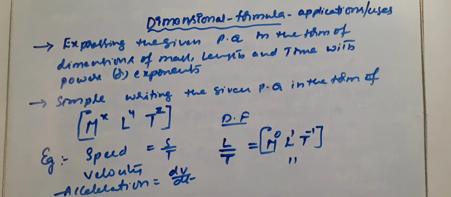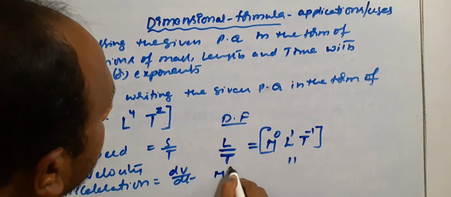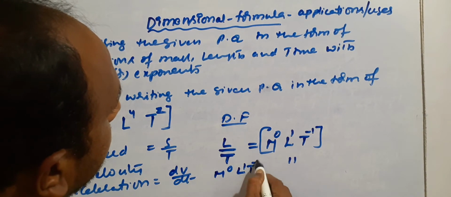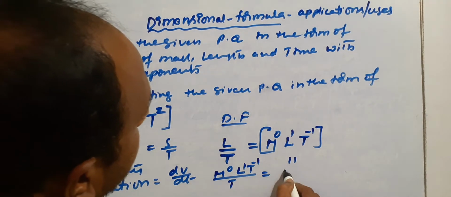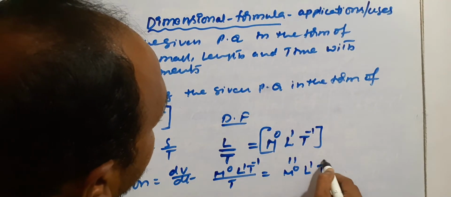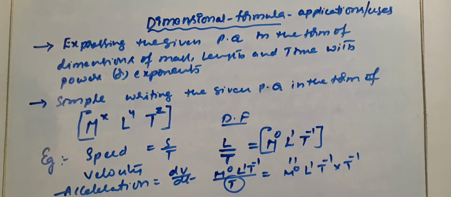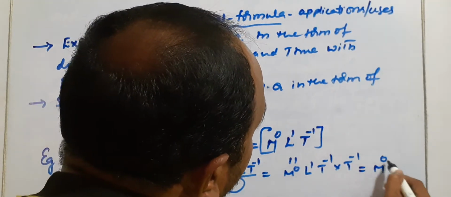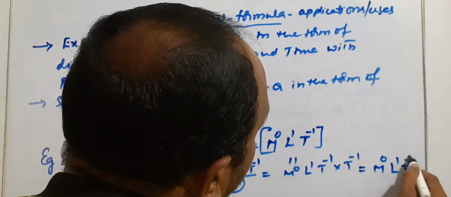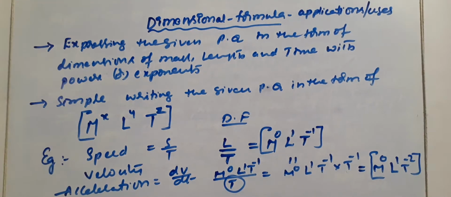Velocity dimensional formula is M power 0, L power 1, T power minus 1, divided by time dimensional formula T, which gives T power minus 1, because the dimension of time is in the denominator position. So it will be equal to M power 0, L power 1, T power minus 2. This is the dimensional formula for acceleration, students.